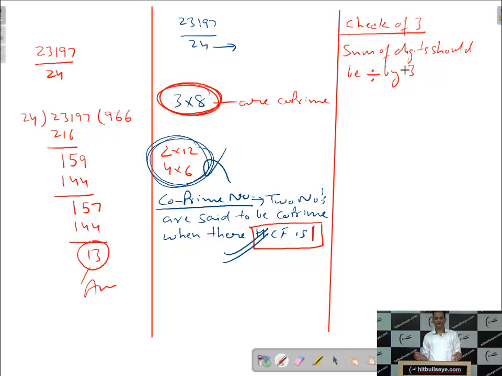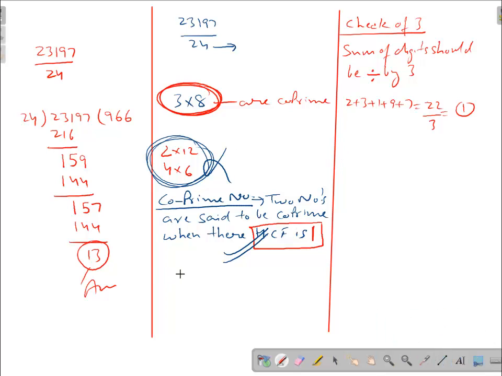Now if we check 2 plus 3 plus 1 plus 9 plus 7, it will be 2, 3, 5, 1, 6, 9, 15, 7, 22. 22 when divided by 3, remainder will be 1. So when we divide this number by 3, we get 1 as a remainder.